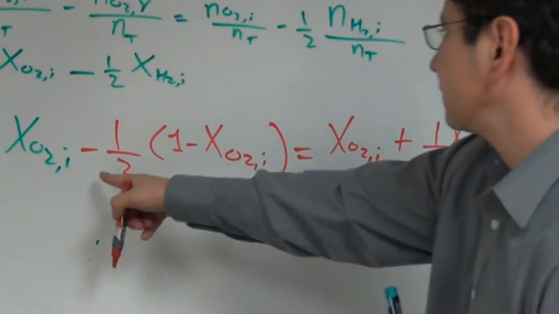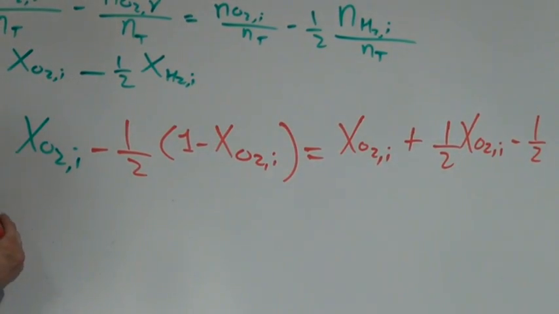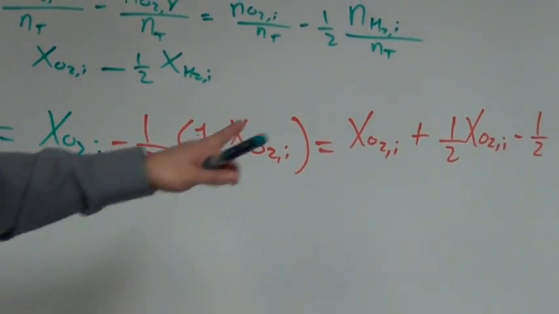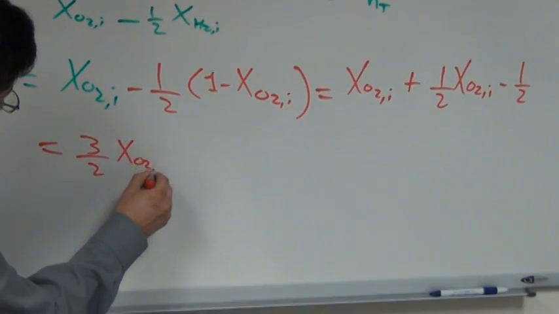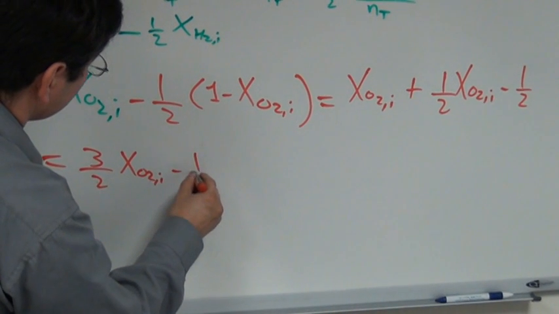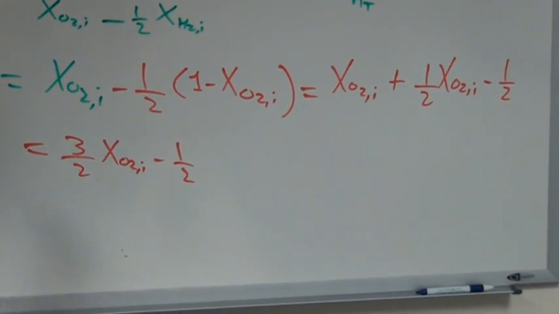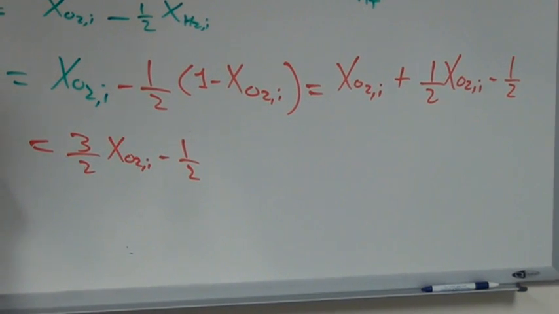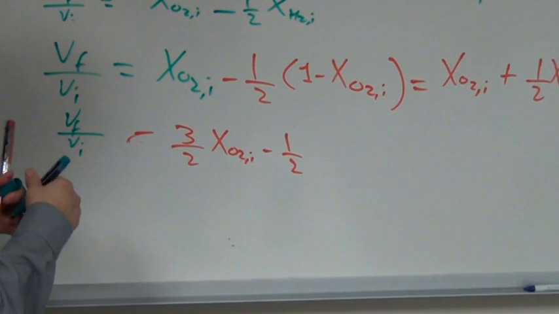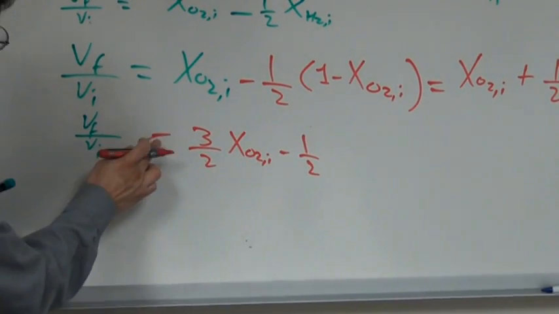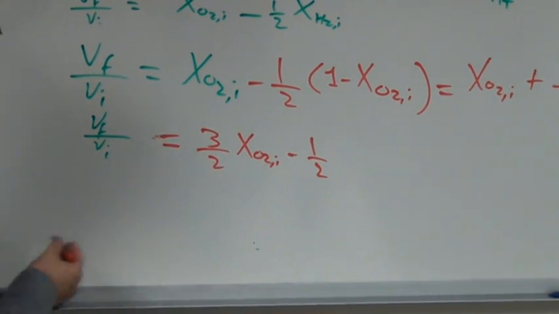Is that right? So, and this is equal to what? 3/2 mole fraction of O2 initial minus 1/2. So all we need to do now is solve for x, the mole fraction of oxygen in the initial state.